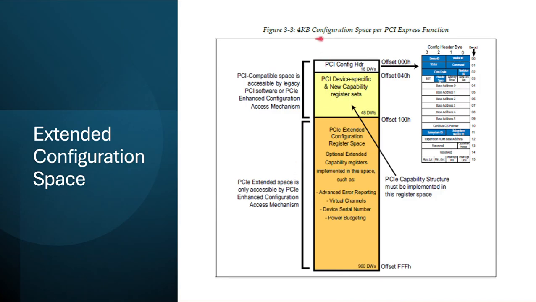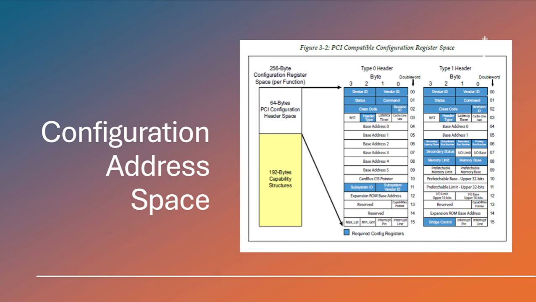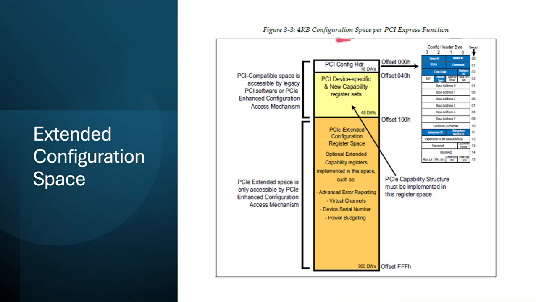There is a 4 KB configuration space for the PCI Express function. Here you can see this is for PCI, which has 256 bytes. But for PCI Express it is a 4 KB configuration space. PCI Express has advanced features compared to PCI. It has a PCI extended configuration register space. It has advanced error reporting.